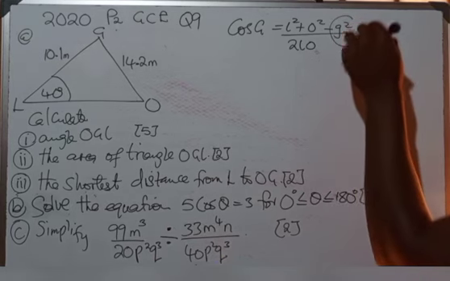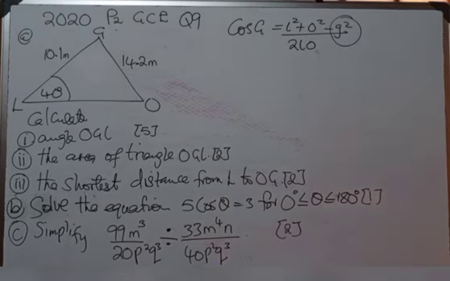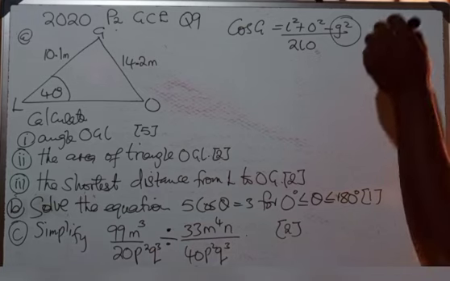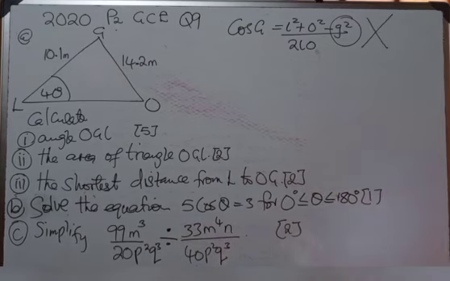Now, this small letter G is not known, the side is not known. So therefore, we can't use the cosine law.